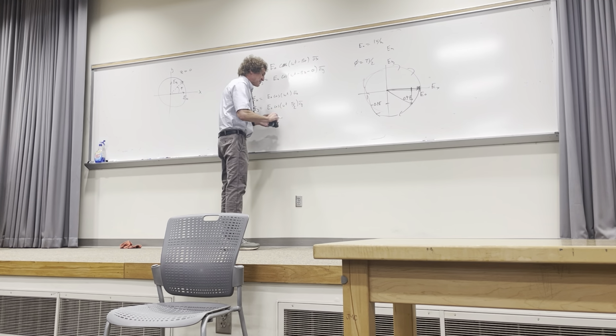Now, here's something. If I wanted to make it elliptical, can you think of what you could do to these two basic formulas? What would be one obvious way of making it elliptical? Change the magnitude. Sure, I could make this magnitude 2 E0, right? And then it would definitely be an ellipse, correct? Absolutely. Anything else I can do?